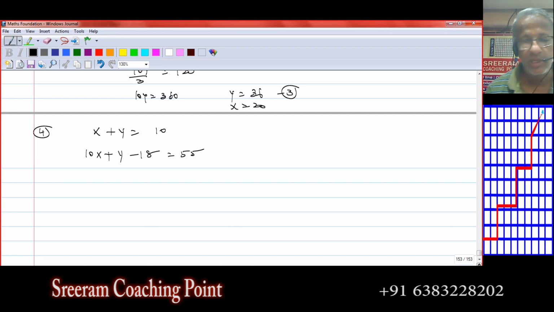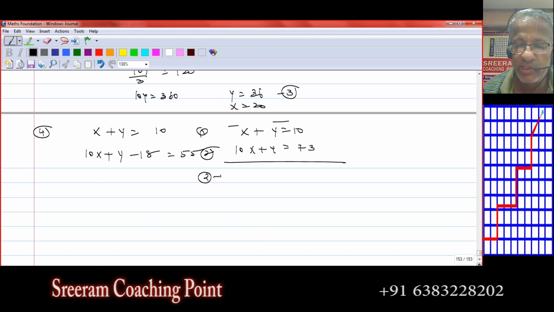Okay, I will try an alternative method also. So x plus y equal to 10. 10x plus y, if you take 18 to the other side, becomes 73. This is equation number 1 and 2. Equation 2 minus 1 gives 9x equal to 63, x equal to 7. Therefore y is equal to 3. 73 is the answer.